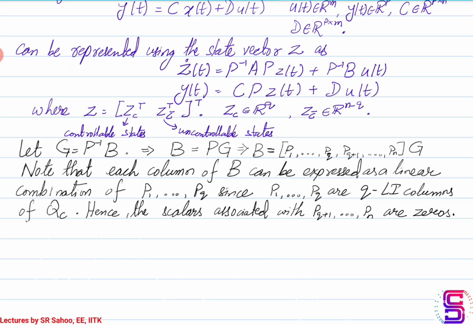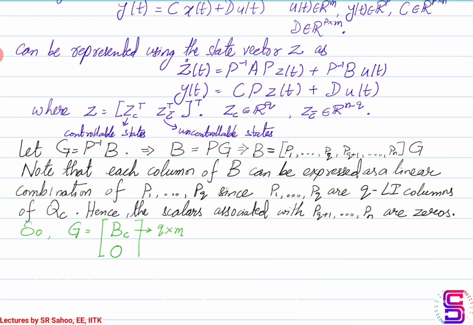Okay, hence G will have all its columns such that the first q entries have some value which is not necessarily 0, but the last n minus q entries in each column of the G matrix would be 0.